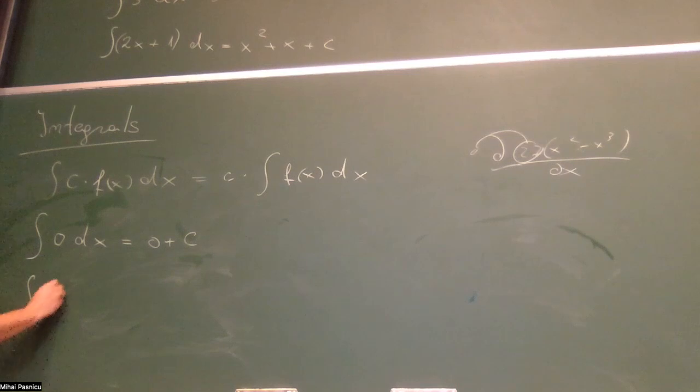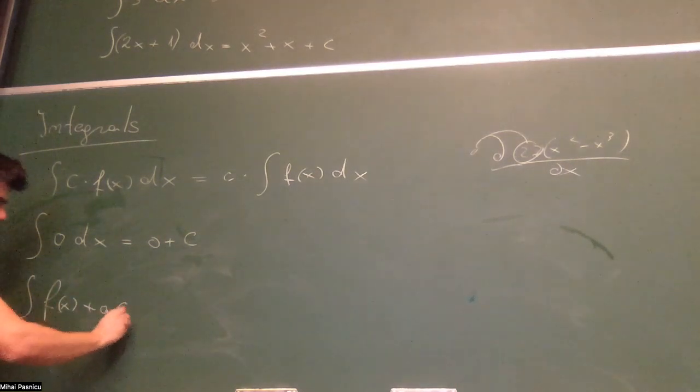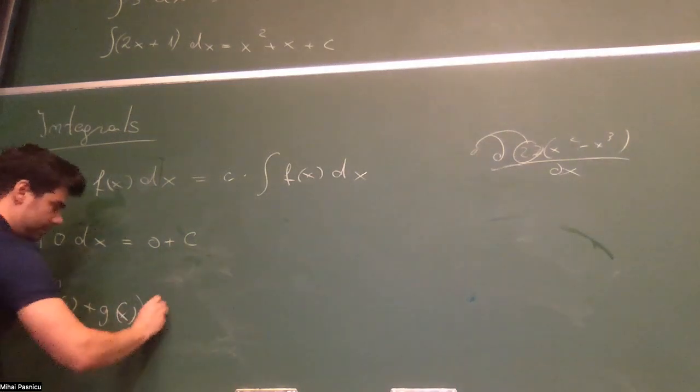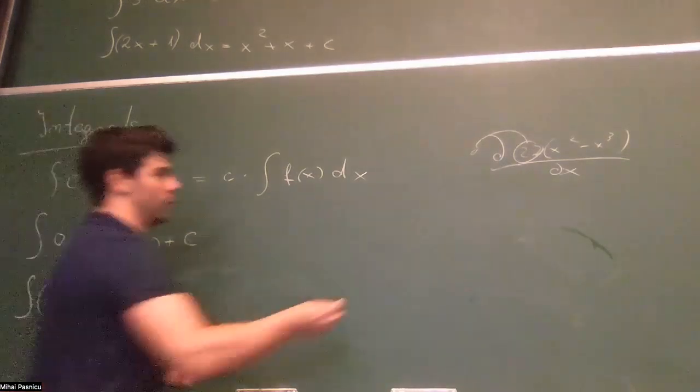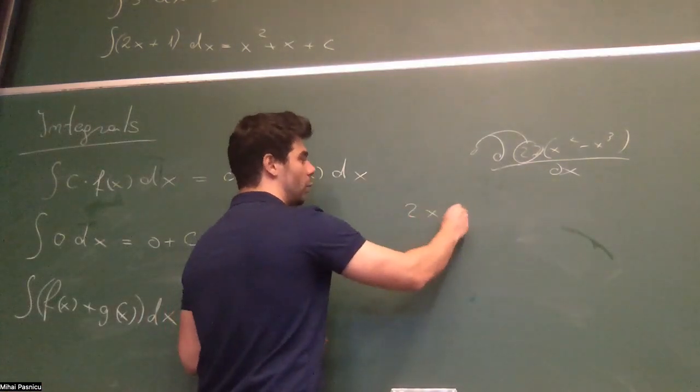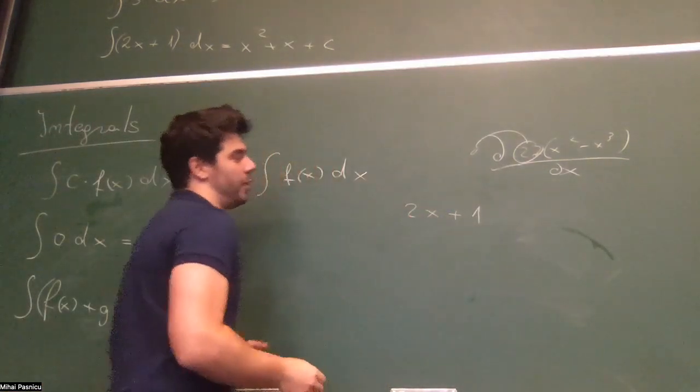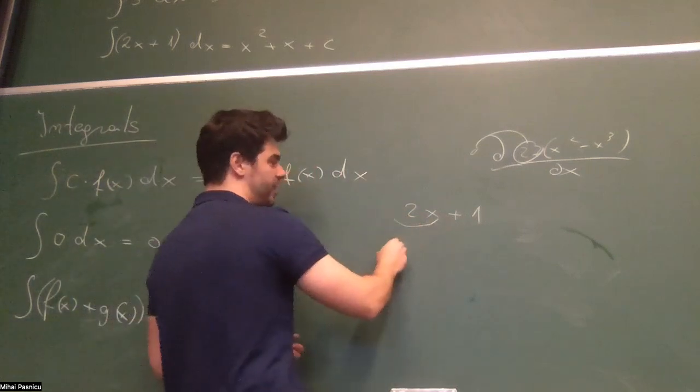The integral of f of x plus g of x dx. So if I have two functions, like in the previous example, I gave you 2x plus 1. I'm pretty sure the person just thought, okay, what derivative gives me this?